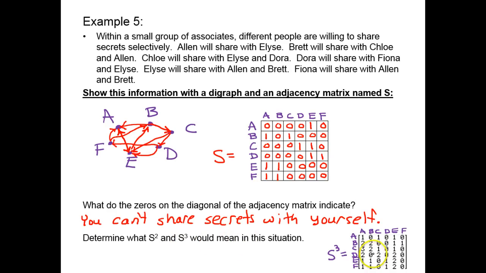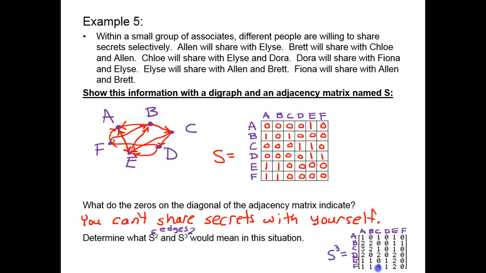And I've gone ahead and created the matrix S to the third power. So remember that these exponents mean the number of edges that would be used. So this 2 and this 3, we're talking about 2 edges and 3 edges being used.